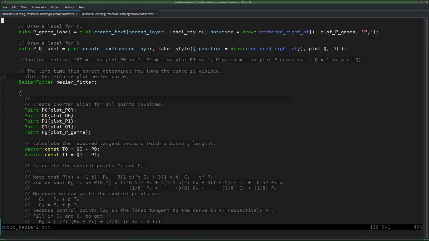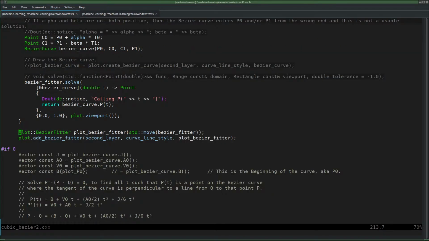Now let's see, what did I want to do? I have a Bezier fitter and then we do stuff. And I have a plot Bezier fitter and we add it. Where's my solve? Oh, the solve is here. Yeah, that must be part of the Bezier fitter, of course. I don't see it.